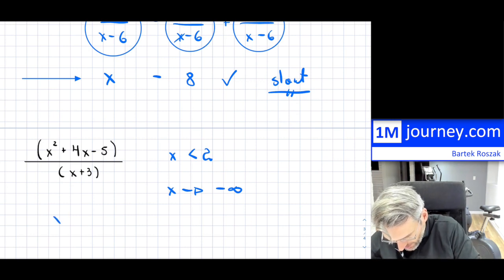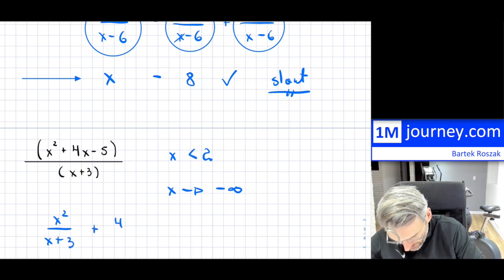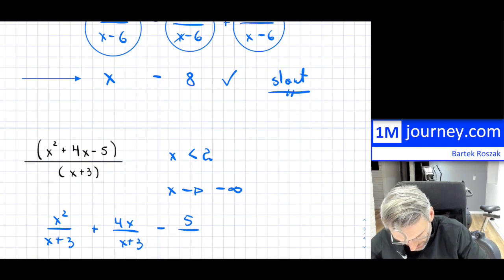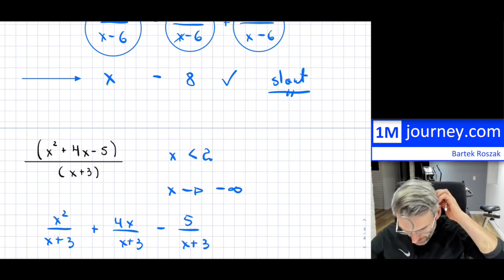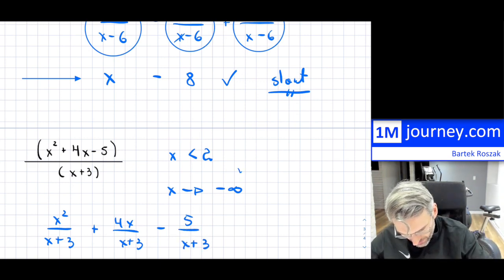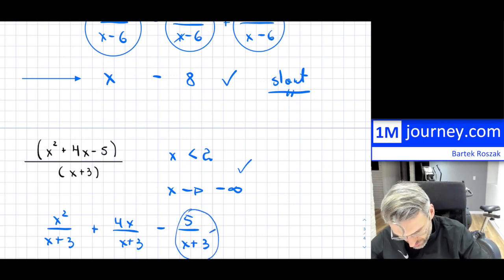You basically will say, all right, x squared over x plus 8, plus 4x over x plus 3, minus 5 over x plus 3. As this is approaching negative infinity, what happens to this? It just gets smaller and smaller. This basically tends towards 0.